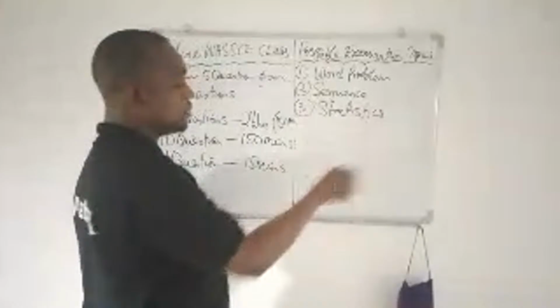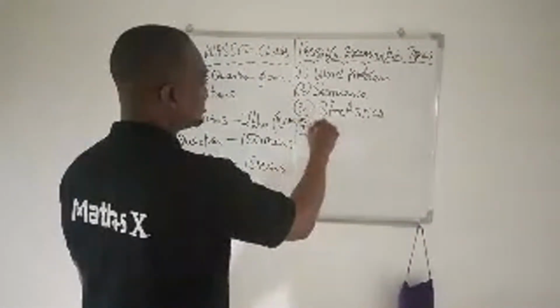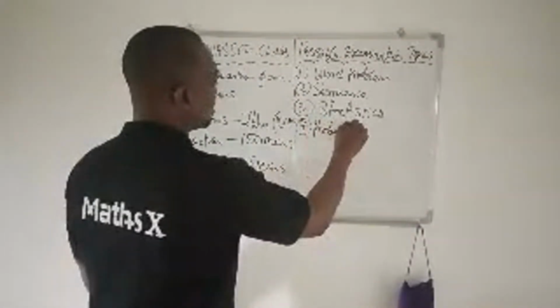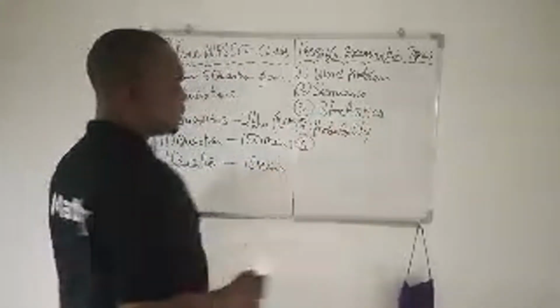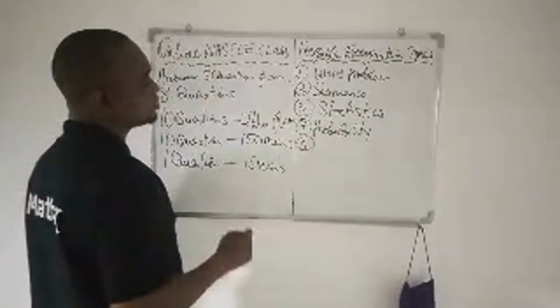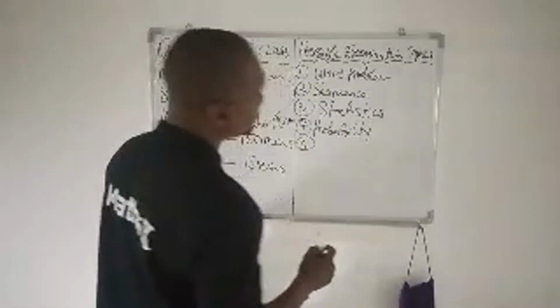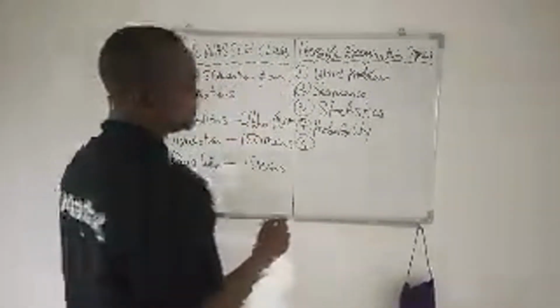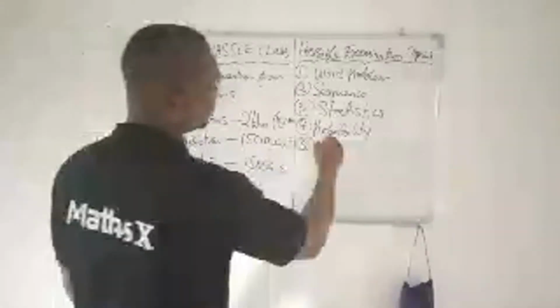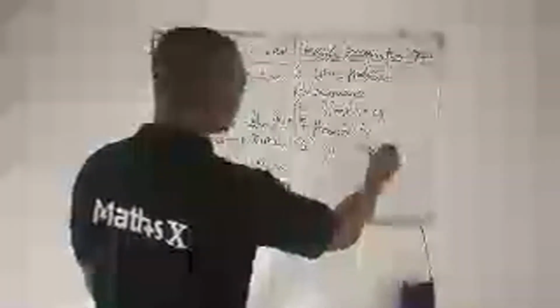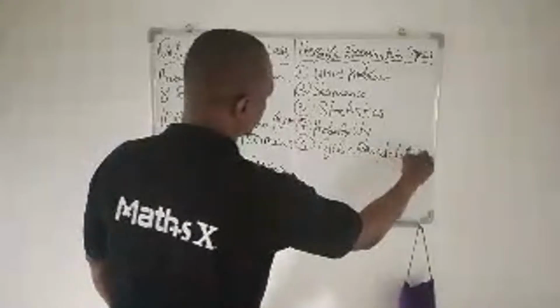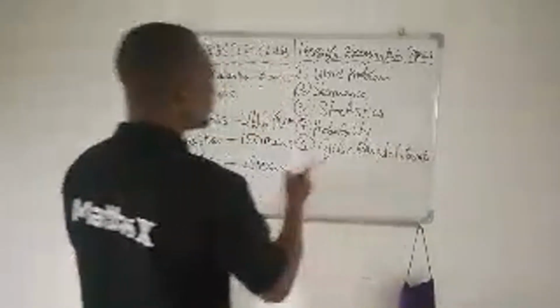It will be mixed with probability, so I'll put in probability also. Number 5, we have your cyclic quadrilaterals.